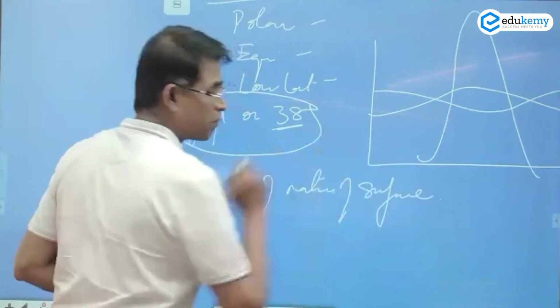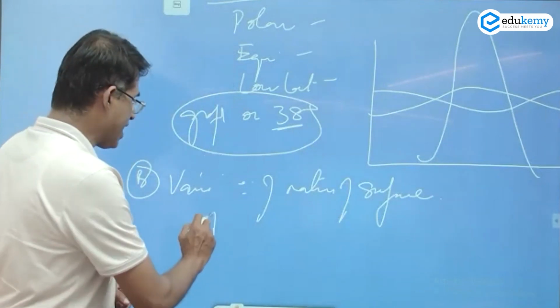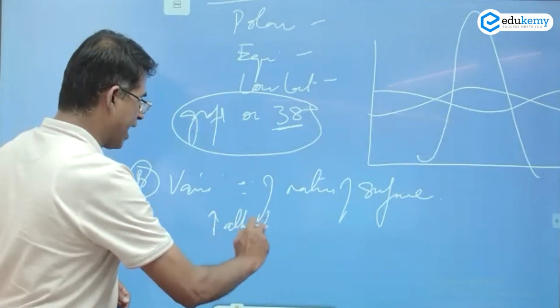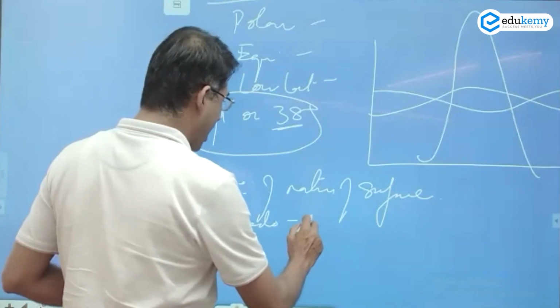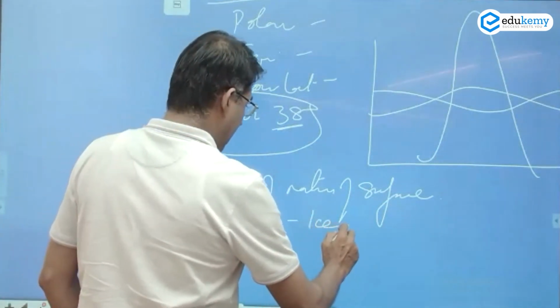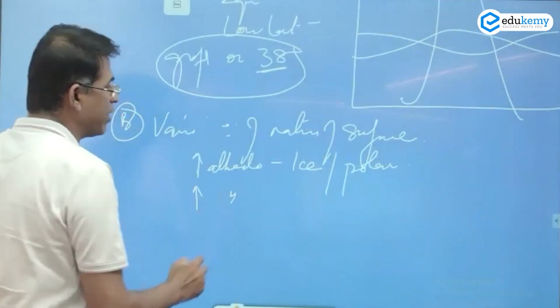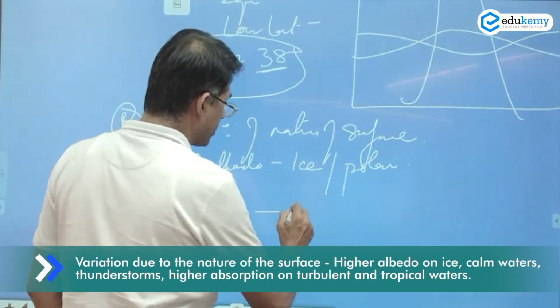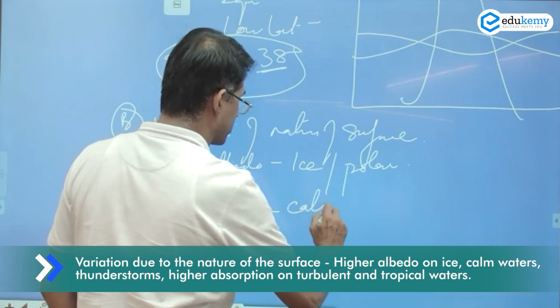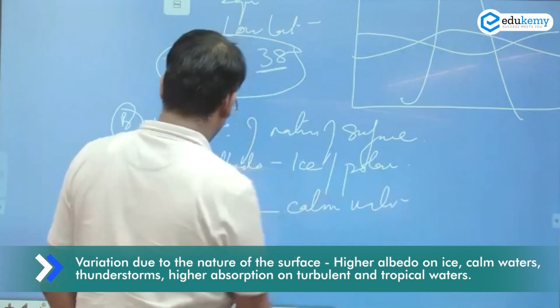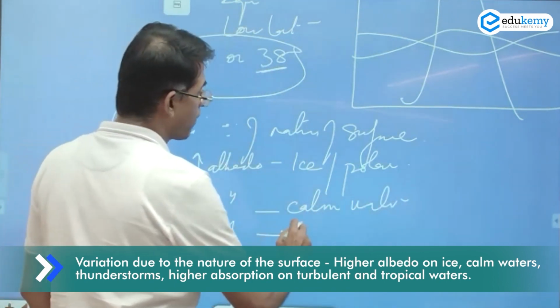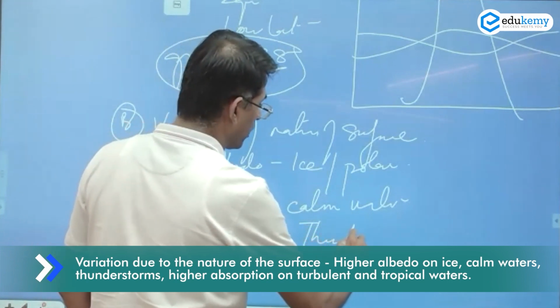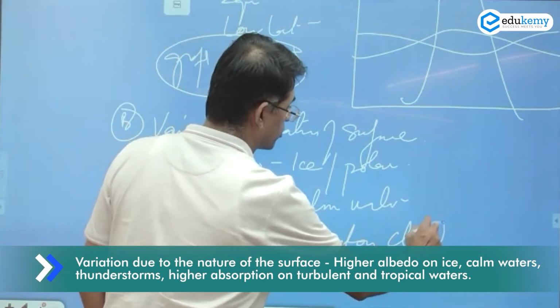Having discussed this, you can mention here B, there are variations because of the nature of the surface. Okay, so high albedo where? On the ice. High albedo in the areas of, can say, calm waters. We have got higher albedo from the thunderstorm clouds.